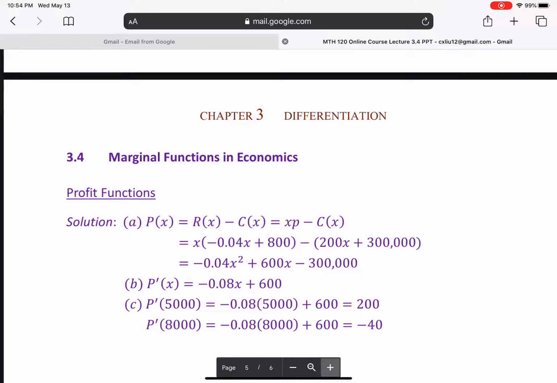So what happens here is when the sales level is low, the marginal profit is positive. So you are making money. You increase the sales level. But when the sales level is high, then the marginal profit is negative. You don't make money anymore, even though you are selling more, because the price is too low.